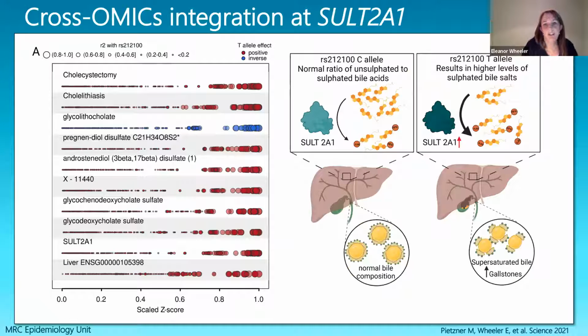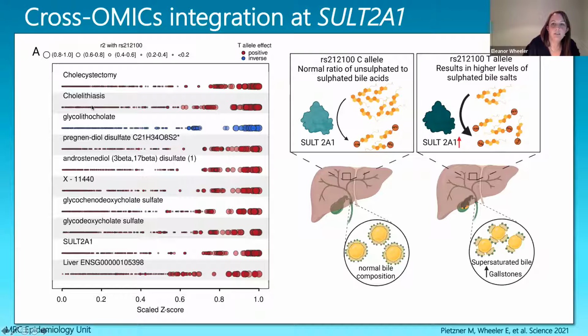Another example is at the SULT2A1 locus, where we identified a signal shared between protein levels of bile salt sulfotransferase and the risk of cholelithiasis, as well as cholecystectomy, and increased levels of the protein are associated with increased risk of those outcomes.